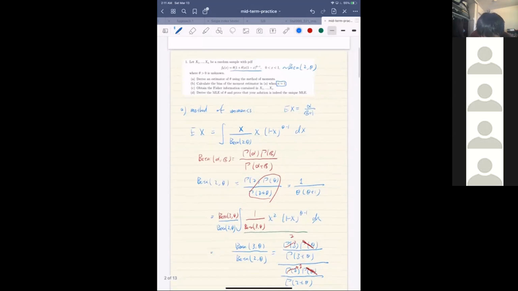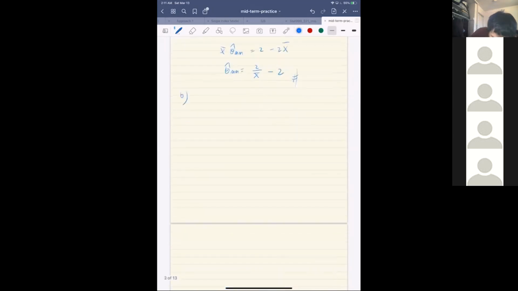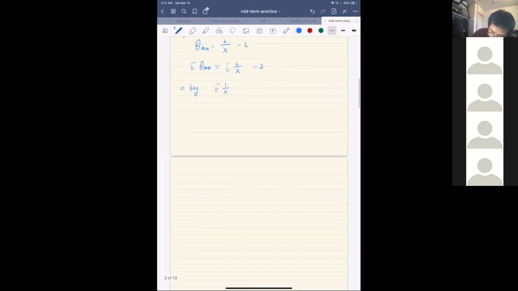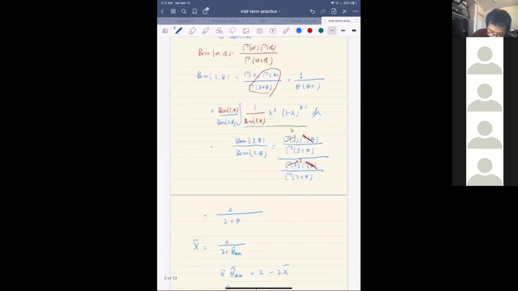So n equals 1, and this can be written as 2 over X minus 2. Then we find the average of this, which equals the average of 2 over X minus 2. So the key is to find this, and the way we find it can be similar to what we did here.